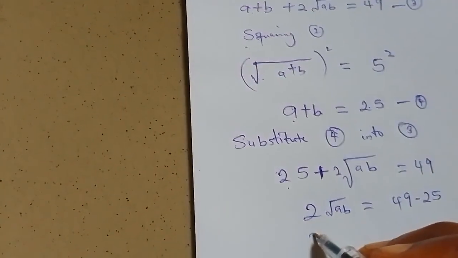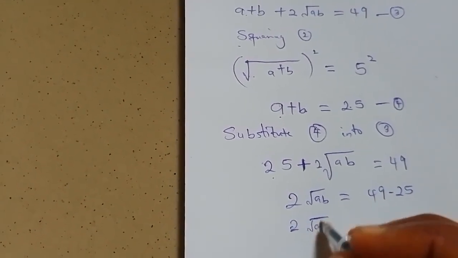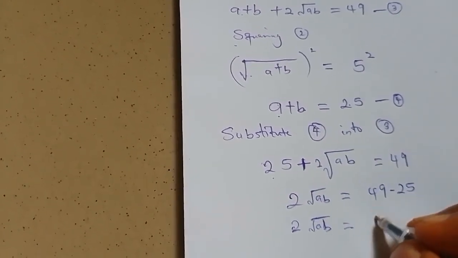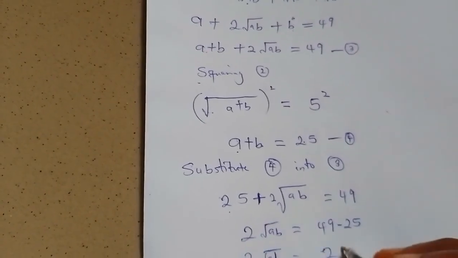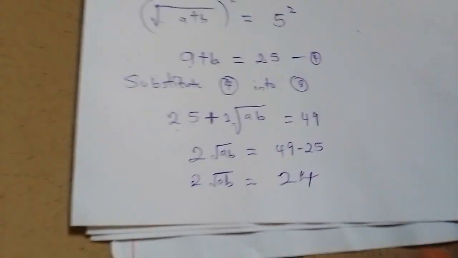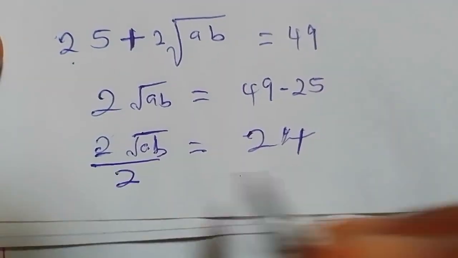And when I do this, 2 root ab will surely give me 24. And then dividing both sides by the coefficient of root ab, which is 2.